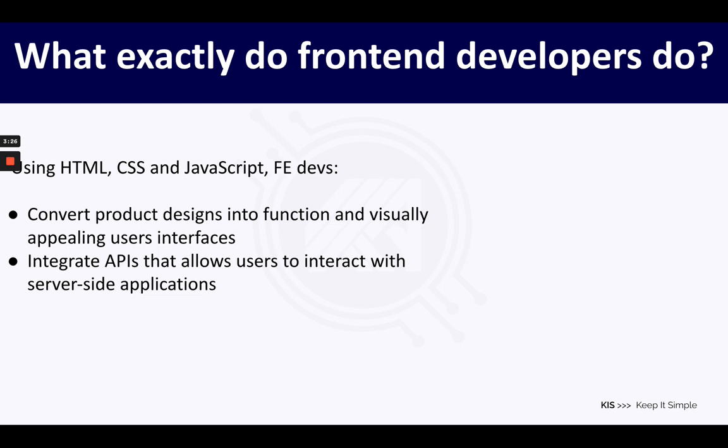Now to give it that interactive texture that allows you to actually click a button and something will happen, or that allows you to type into text boxes and something actually happens, that is where JavaScript comes in. So JavaScript is pretty much the default programming language of the web that allows you to write web programs.